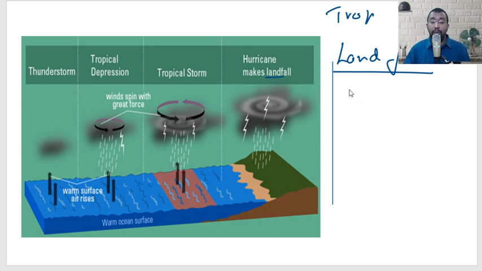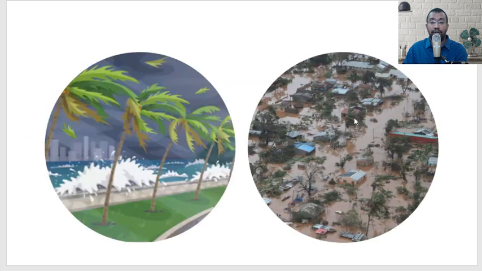But the moment the eye of the cyclone comes closer to the coastline, the wind speeds across the coast increase. Because of the high wind speeds prevailing, there is a good amount of destruction, where you see the fall of trees, electric poles, telephone poles, and telephone lines getting destroyed.